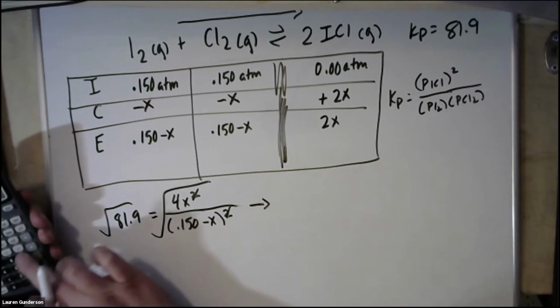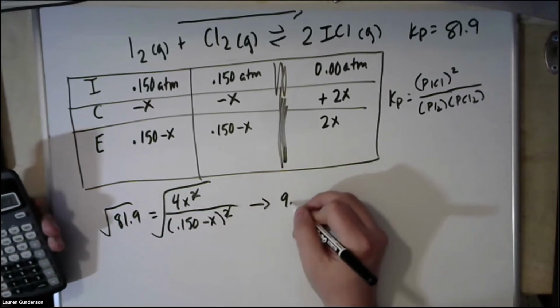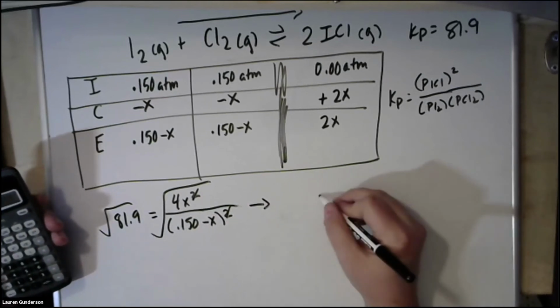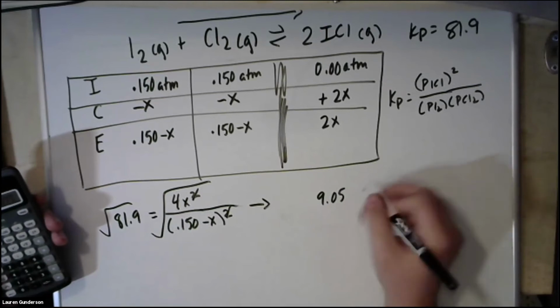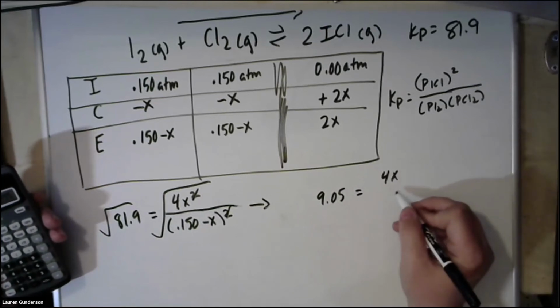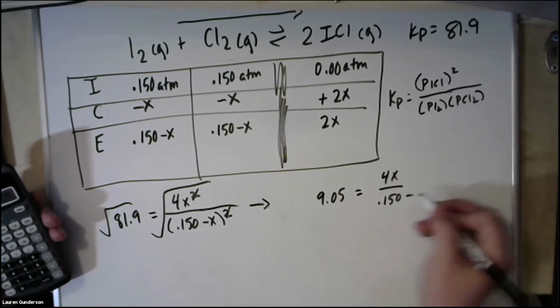Again, remember to take the square root of 81.9. Also, let me move it over. Okay, so this is going to be 4x over 0.150 minus x.